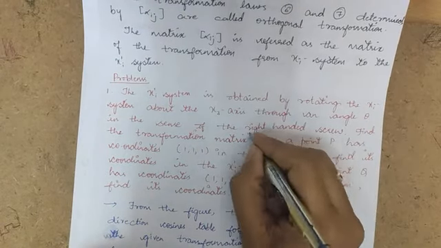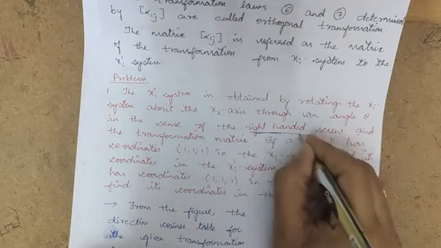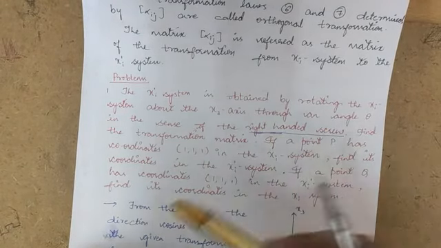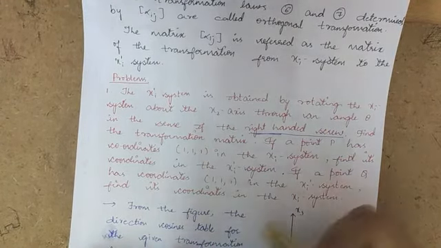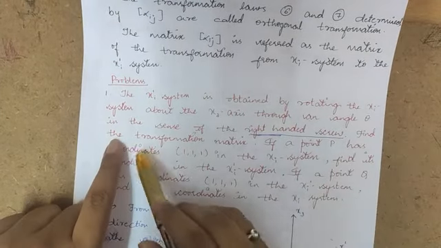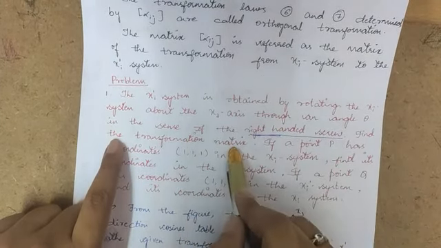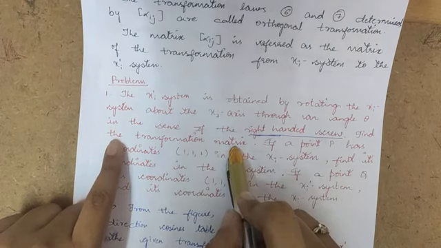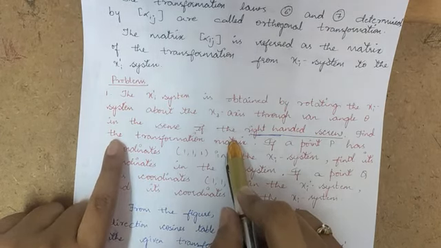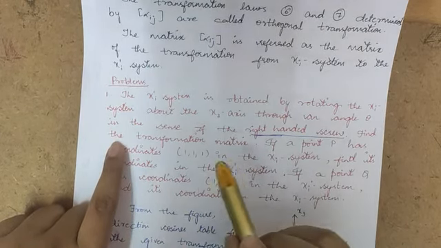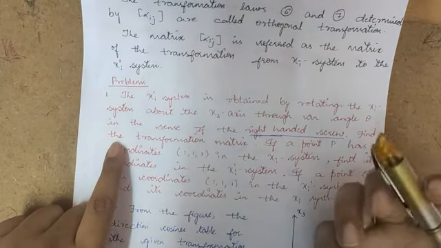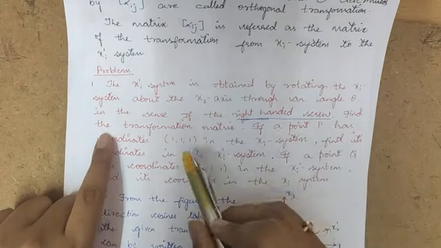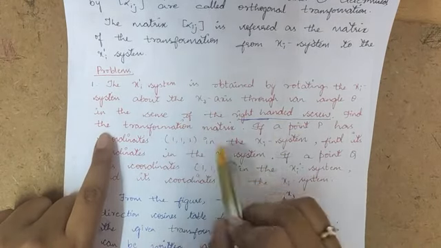As I said, we are concerned about the right-handed system, so we are using the right-handed screw rule in order to get a new system. So we have to find out the transformation matrix. That means we have to find out the direction cosine table, and we should write the direction cosine table in terms of matrix transformation.